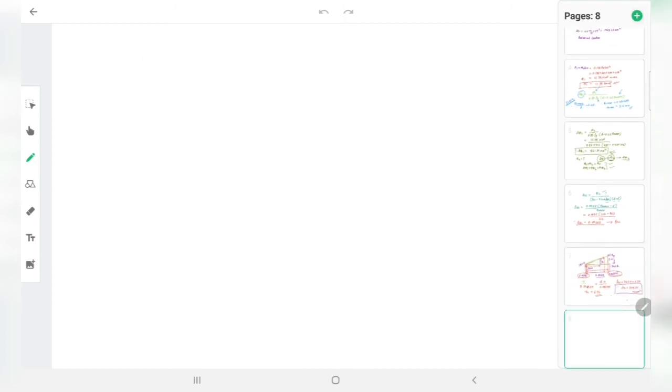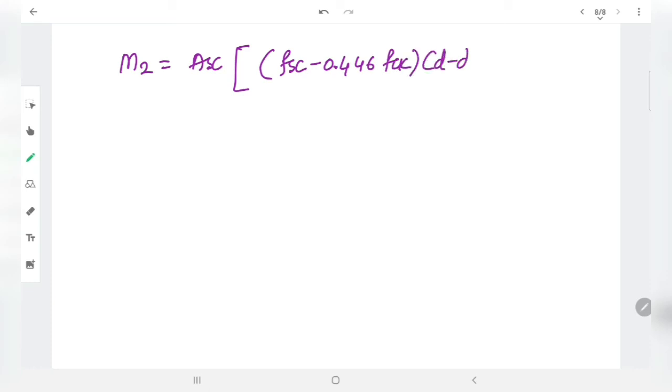Here I will be rewriting the equation. M2 is equal to ASC into bracket FSC minus 0.446 FCK into bracket D minus D dash. ASC already we have calculated is 1963.49, it is given in the problem also.